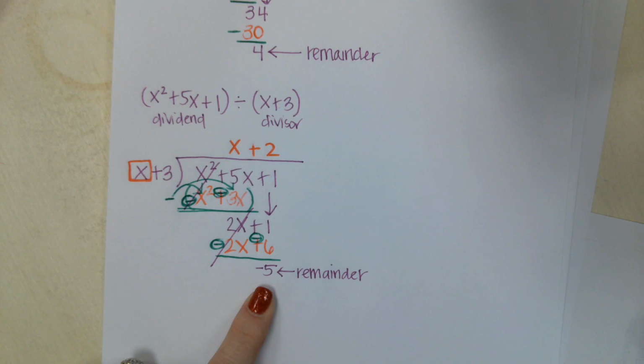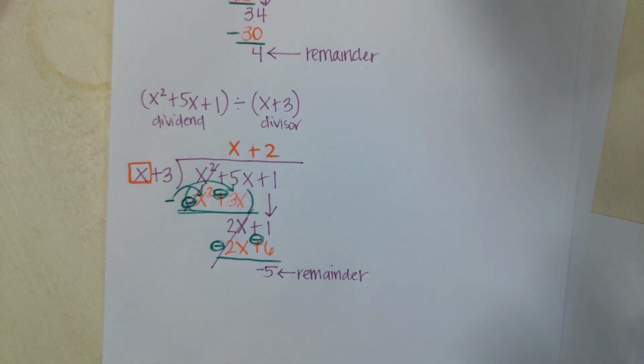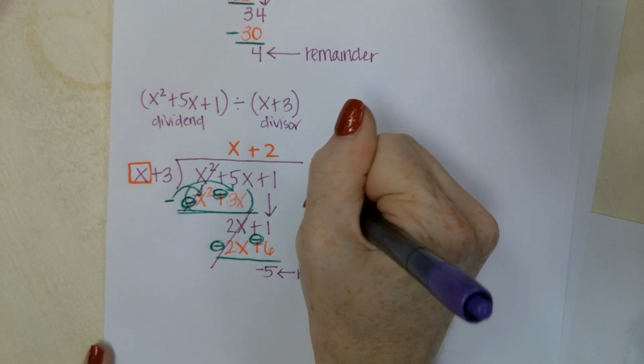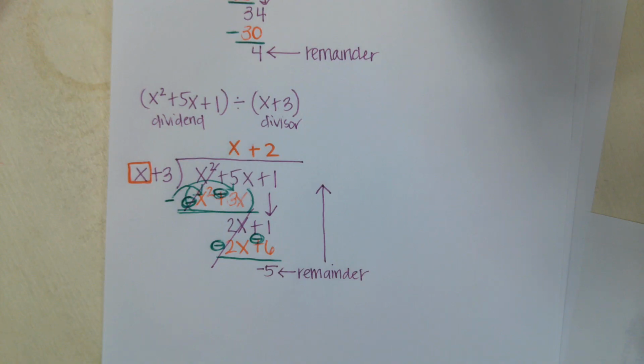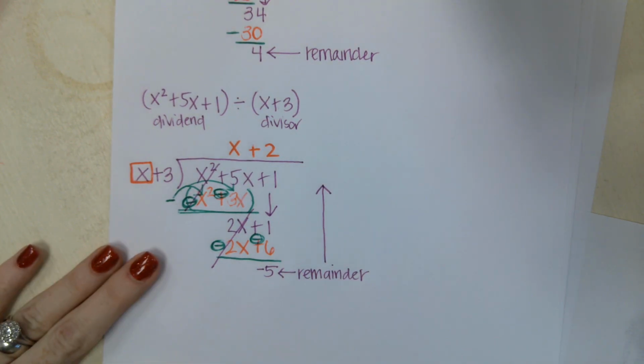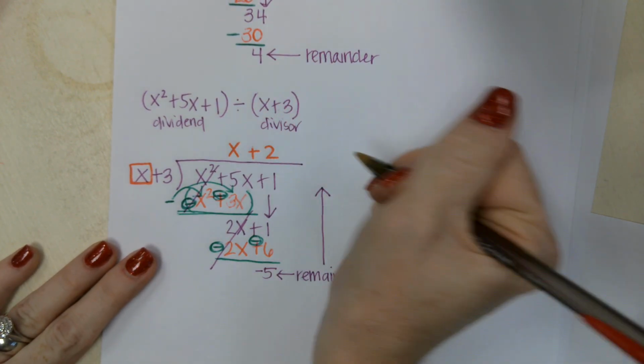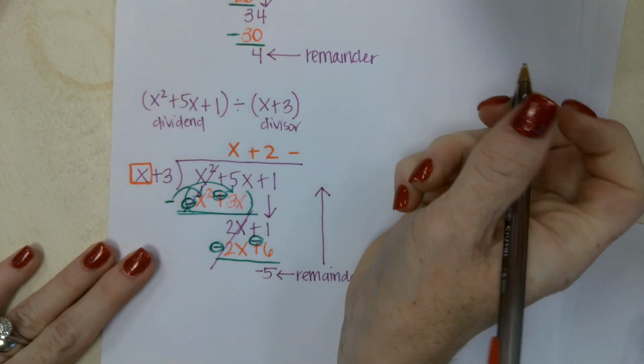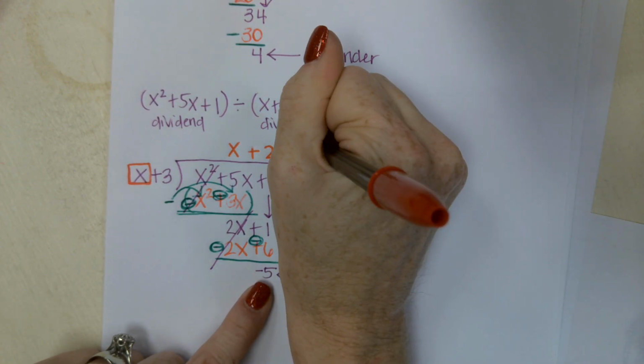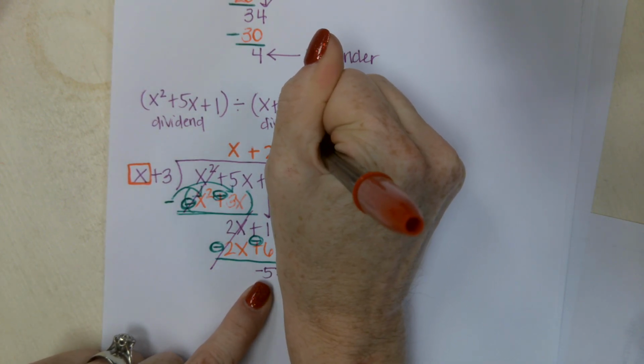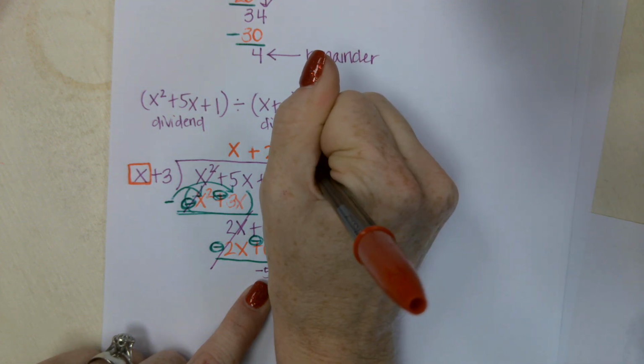Okay? Now with polynomial division, we are going to use our remainder and we are going to put it up here behind my quotient. My remainder was negative 5, so I have a minus 5.